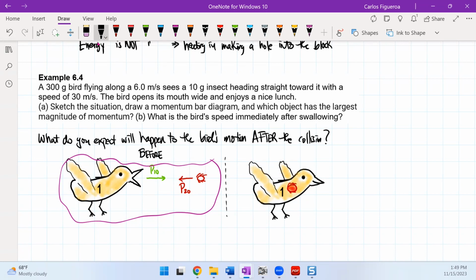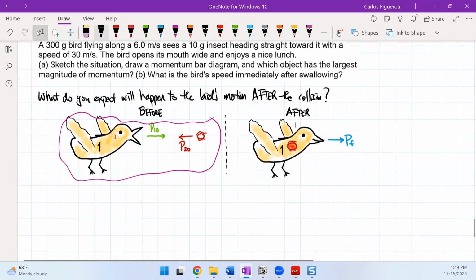But I would expect that the momentum of the bird and the bug still move in some other direction here. Let's say that it now moves at some P final in that direction. This is what I would expect it to be afterwards. So if I look at this thing, what does my momentum bar diagram actually say about this?